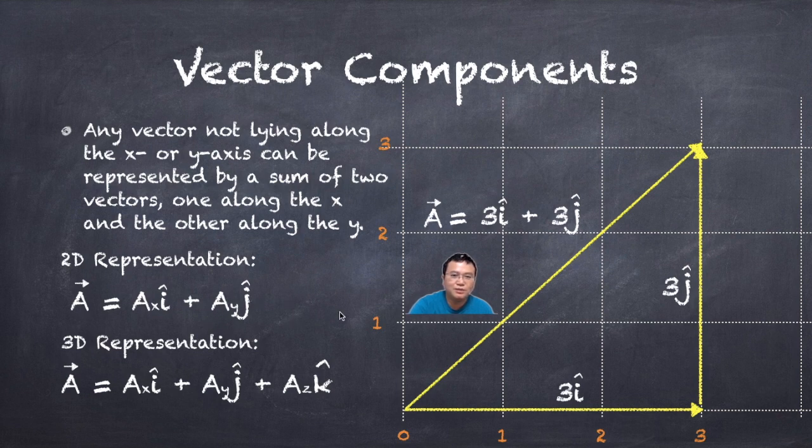This is pretty much the same as this over here. I just put numbers in because we have numbers right here. For 3D representations of vector components, you just break it up into the x component, the y component, and the z component. So that's pretty much it for vector components.